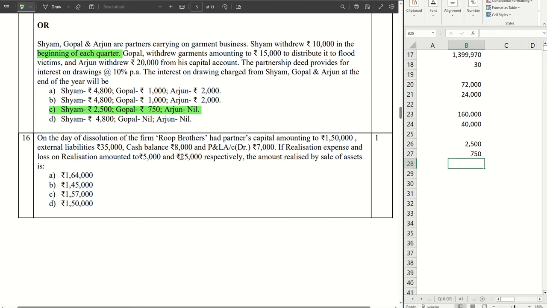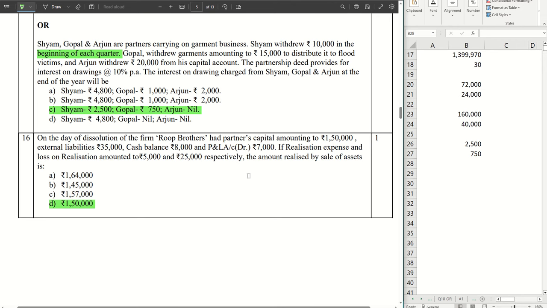On the credit side we have the realization loss, which is shown as 25,000. Nothing else is there. So 1 lakh 75,000 minus 25,000 is 1 lakh 50,000 remaining, which is nothing but the value of assets realized. So D becomes your answer here.